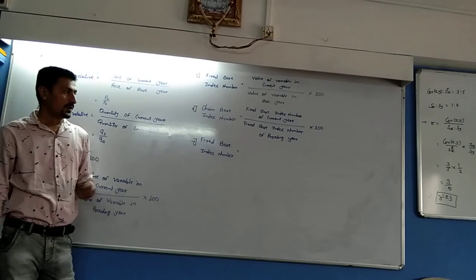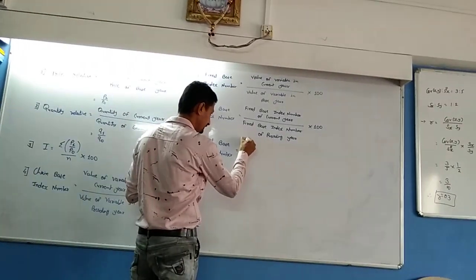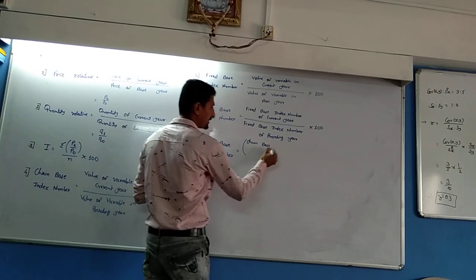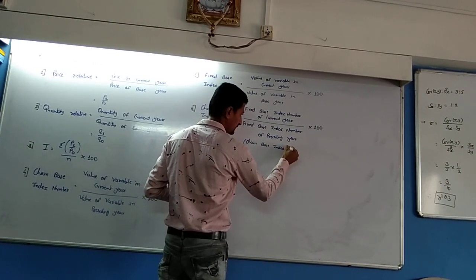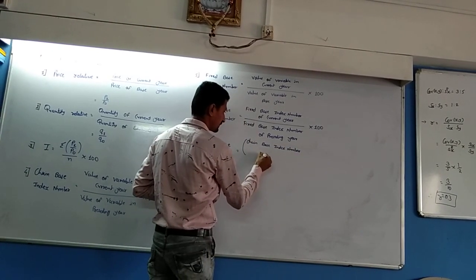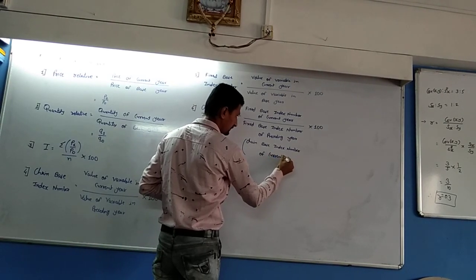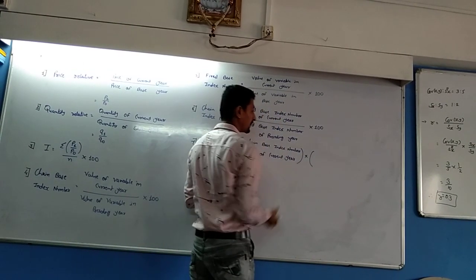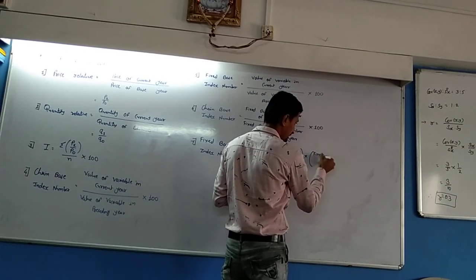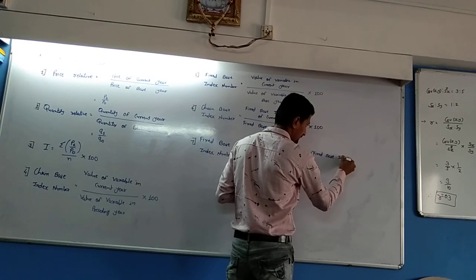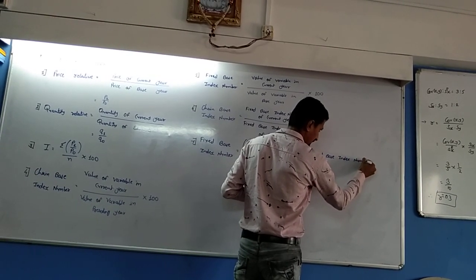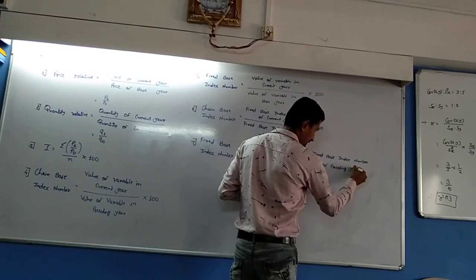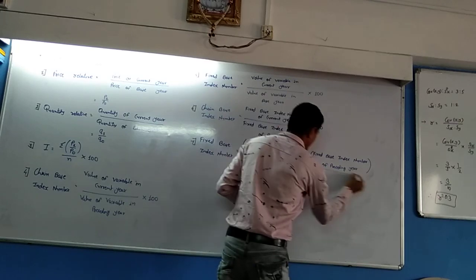Write down the formula. Fixed base index number is equal to, in bracket, change base index number of current year into another bracket, fixed base index number of preceding year, divided by 100.